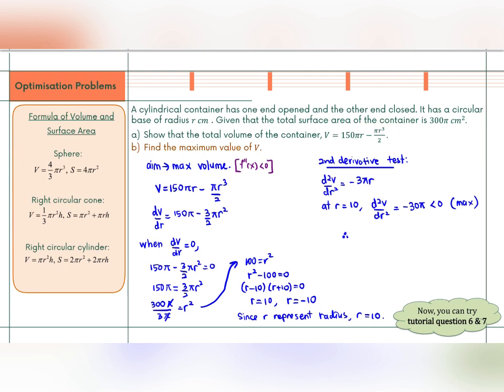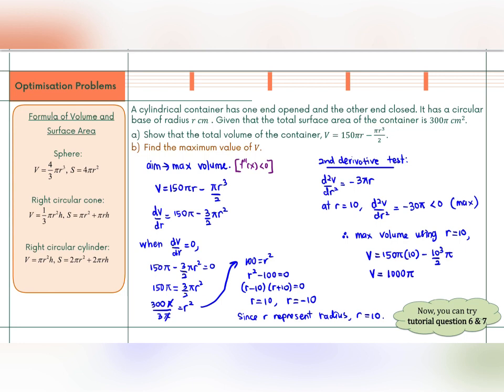Therefore, we conclude that the maximum volume using R equals 10 will be, V equals, we substitute back here, because the question asks for the value of the maximum volume, not just R. So the volume is 150 pi multiplied by 10 minus 10 cubed over 2 pi, and I get the volume is 1000 pi.